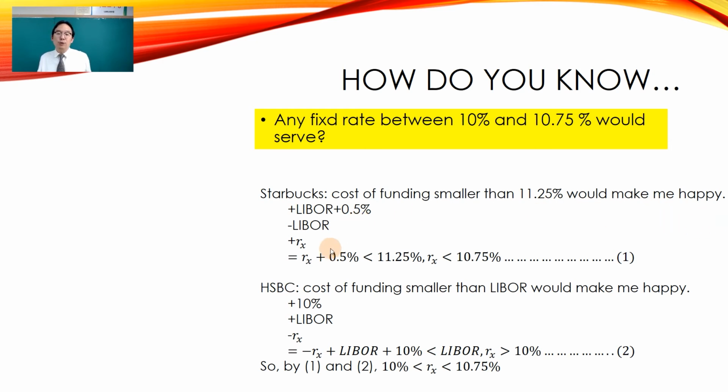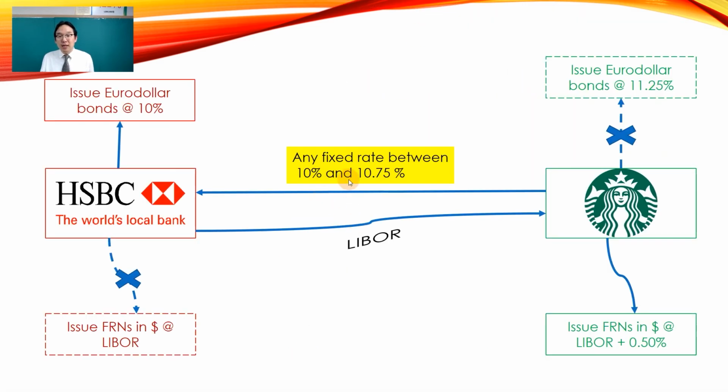So let's put the interest cost of funding as RX. That's an unknown interest rate that Starbucks has to pay as a fixed interest in that swap contract. That is Starbucks' obligation to HSBC in this swap contract.